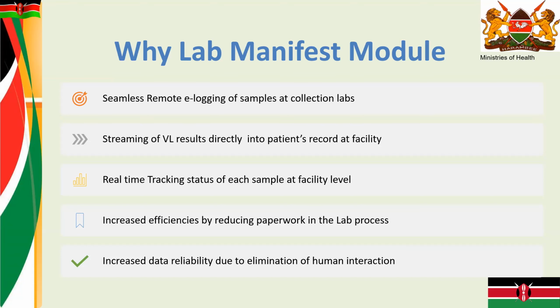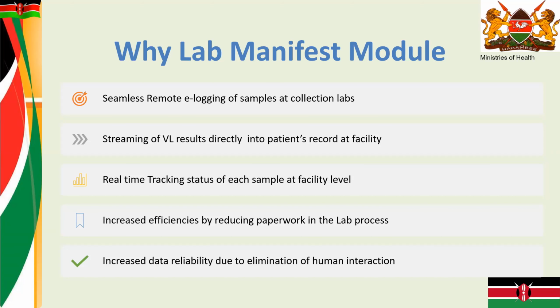Again, the facility is able to track the status of each sample at their level. They'll be able to tell if the results are out or if the results are not ready. There are different statuses, as we'll be seeing during the practical session. The use of this module also increases efficiency by reducing the paperwork in the lab.